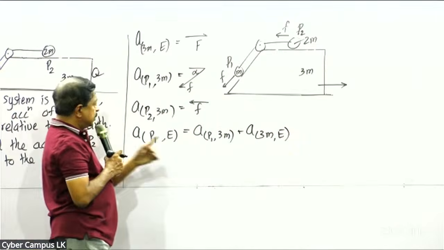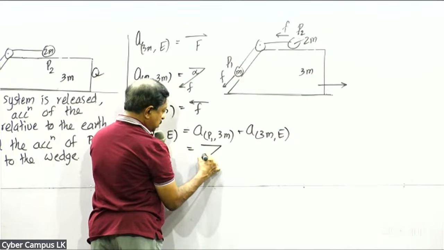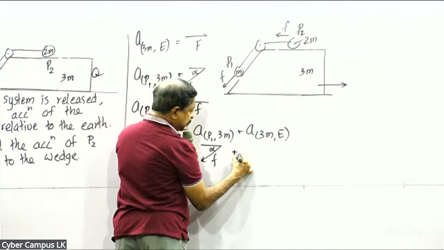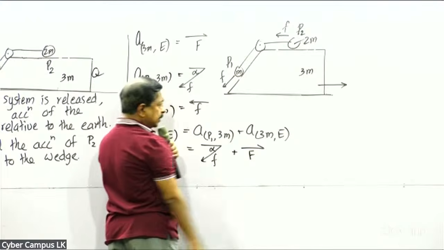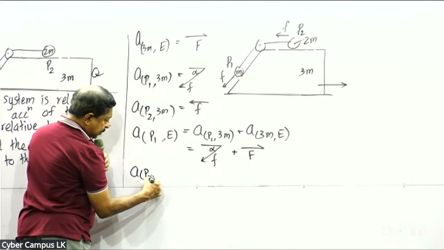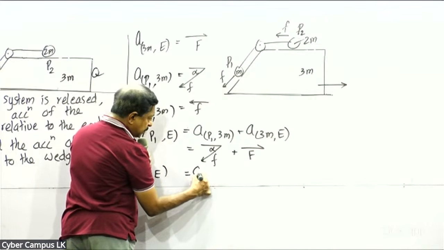Now this is right there. And the next one is capital F. You can leave it like that. Now the acceleration of P2 relative to the Earth. Do the same thing.